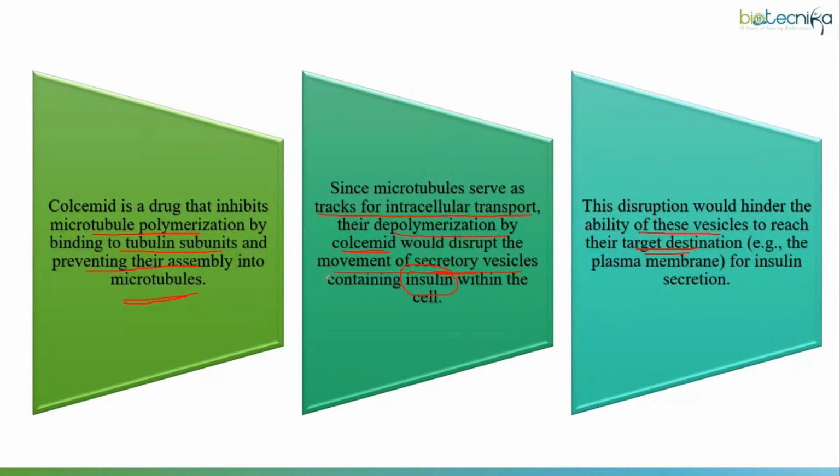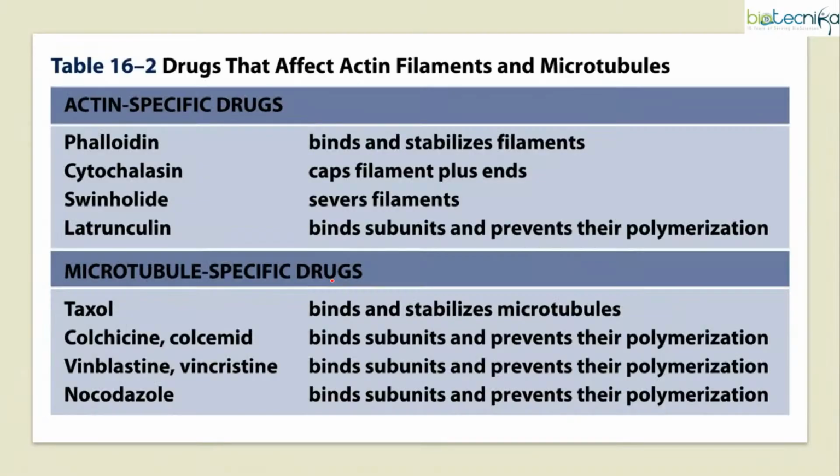I hope you got it, why option 2 is the correct answer. So the drugs that affect actin filaments and microtubules: we have some actin specific drugs here and some microtubule specific drugs. Actin specific drugs include phalloidin, cytochalasin, swinholide, latrunculin.